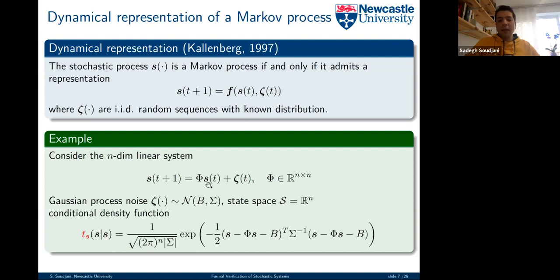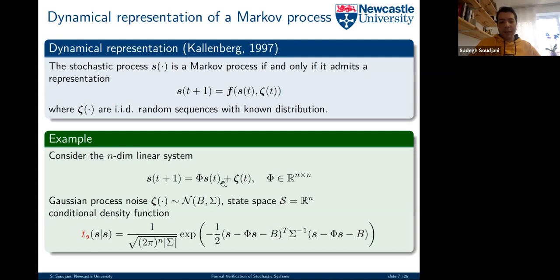Once you know the current state, this term is just a constant vector, and you add it to a Gaussian random variable. It becomes again a Gaussian random variable, and this is the formula for the density function of a Gaussian random variable. You just need to specify the mean and covariance matrix. The covariance matrix is the same as the covariance matrix of the noise, and the mean is this term phi times s plus b.